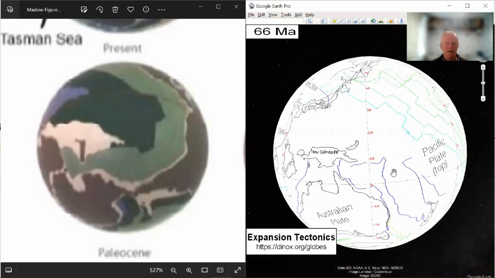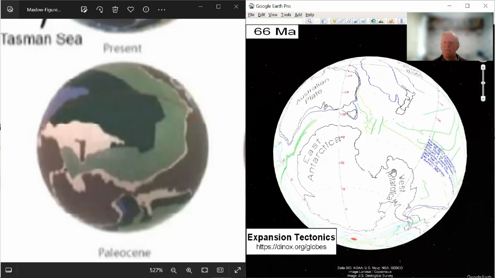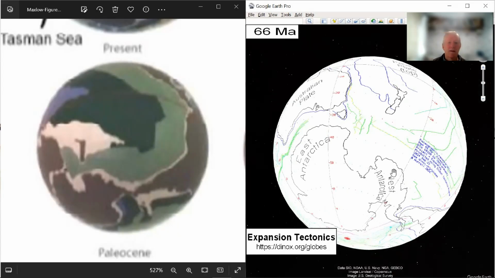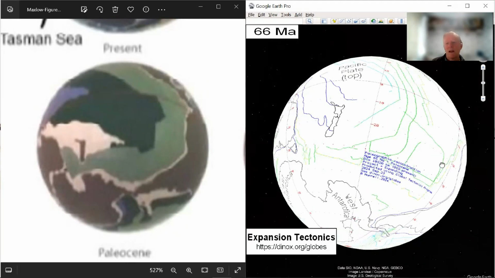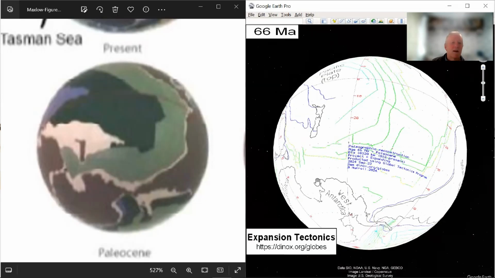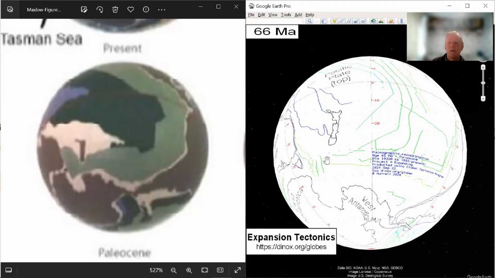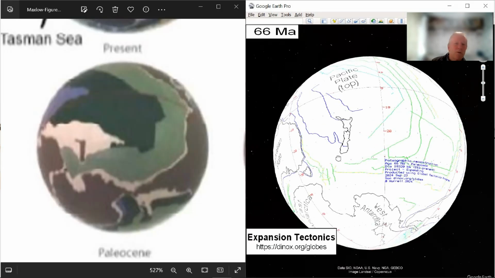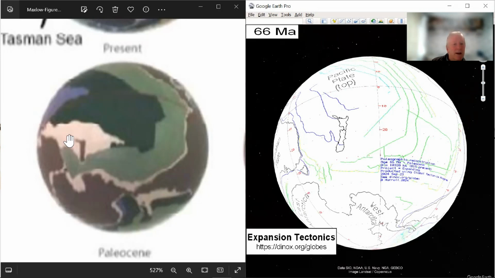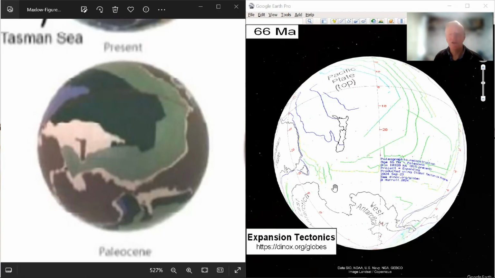South Pole again. So again, looks really similar, doesn't it? New Zealand looks slightly different there, if that's New Zealand, I think. But again, Australia's in a slightly different position, isn't it?